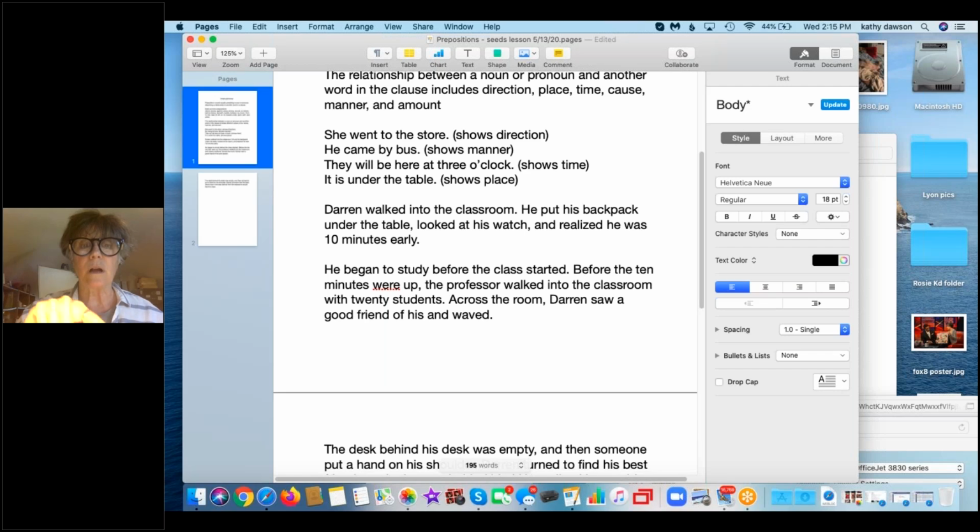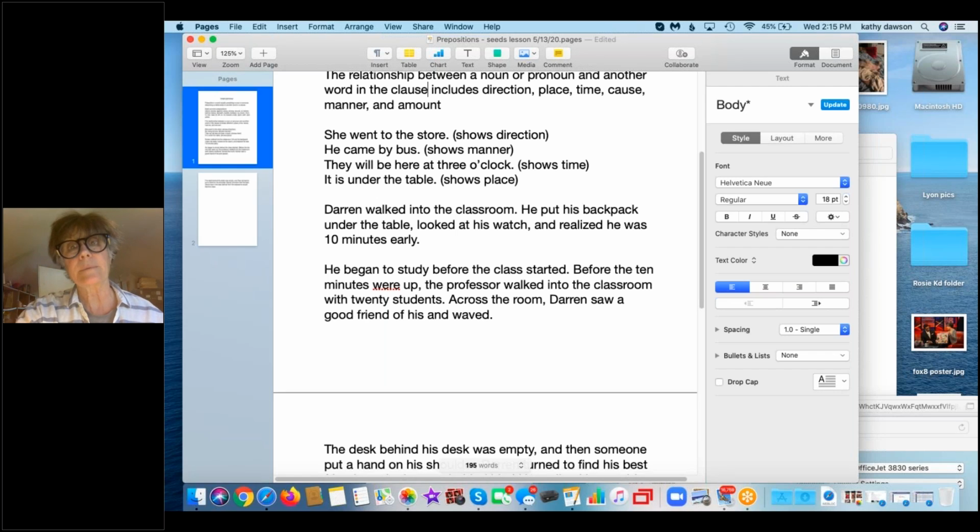Before the 10 minutes were up, the professor walked into the classroom with 20 students. Now this is interesting. Before the 10 minutes were up is the prepositional phrase. Notice it starts the sentence. Sometimes it starts the sentence and sometimes it ends the sentence, like the one before where it says before the class started. The professor walked into the classroom.